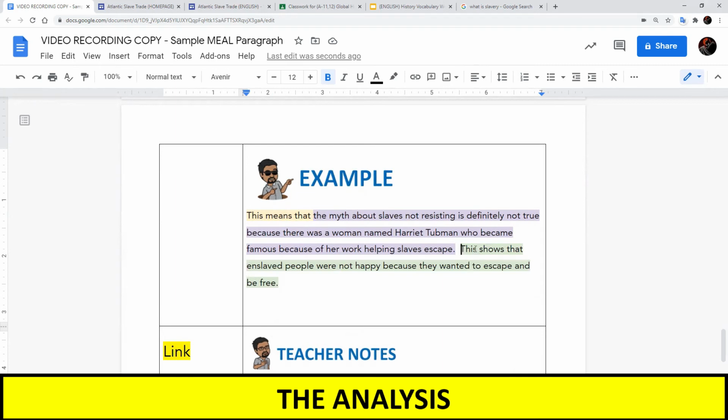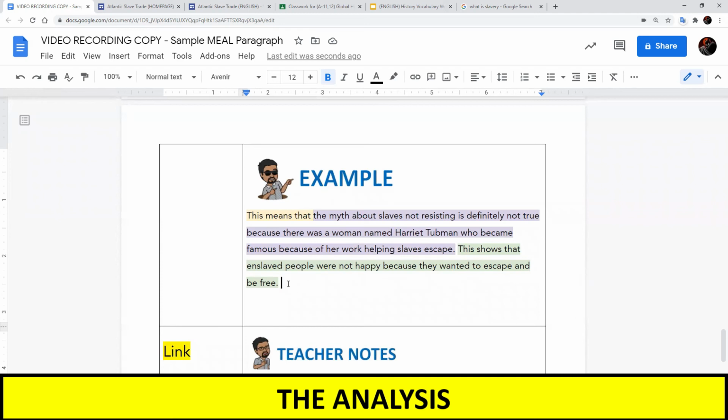This clearly shows how Harriet Tubman helping enslaved people escape connects to the claim. How does that demonstrate that the myth is not true? Well, because if people were trying to escape, that means that they weren't happy, right? So this shows that enslaved people were not happy because they wanted to escape and be free.